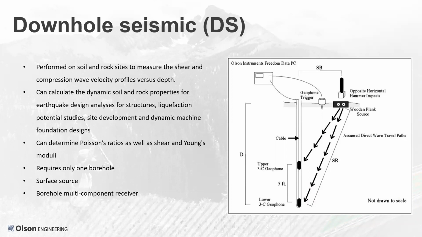And we usually use 2 3-component geophones that are separated by 5 feet, and we move them down the hole. And then we have a trigger on the surface. And so from this, we can get velocity versus depth, and we can get P wave and S wave. It's simpler than crosshole, and it only requires 1 hole. So which one you select really depends on the specific problem you have at your site.